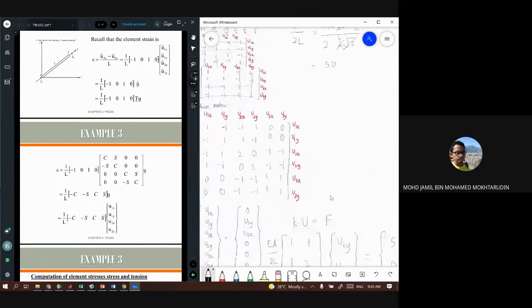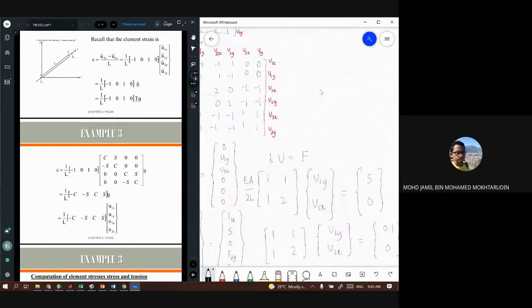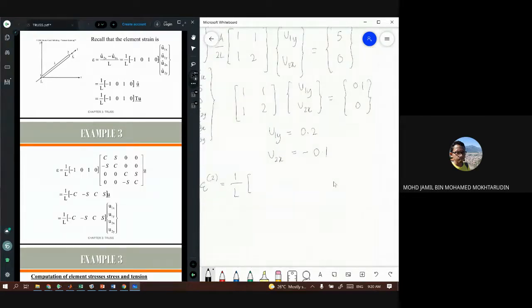So you just fill in the value from the second element here. So you get negative square root over 2, and then multiply by the displacement. So you have U2x, U2y, U3x, U3y. And then substitute the values.